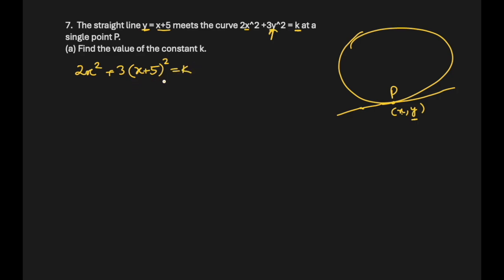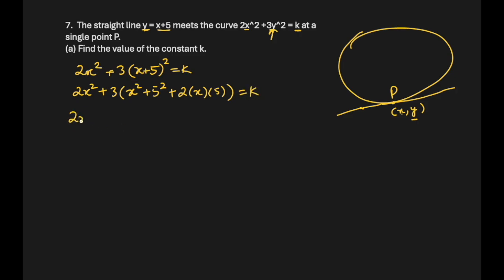So let me open this bracket and we'll get a quadratic equation. 2x square remains 2x square, but 3 times x plus 5 whole square. I will use the identity a plus b whole square, just like I used in one of the previous questions where trig identities were to be proven. So x plus 5 square will be x square, which is a square, plus b square, plus 2ab, equal to k.